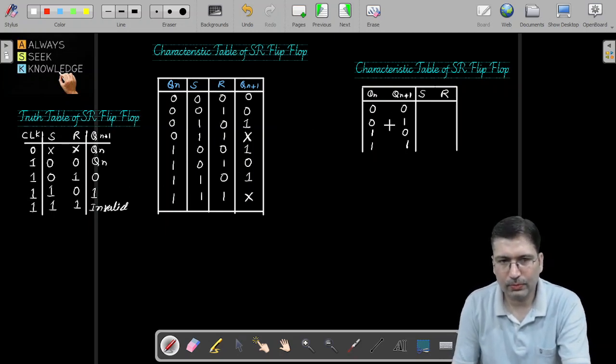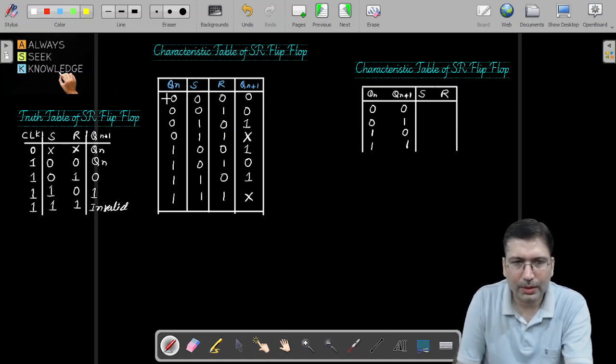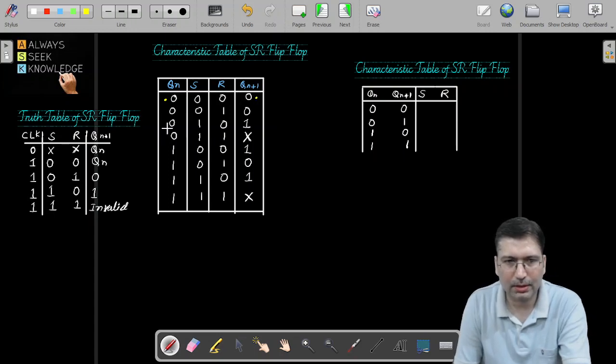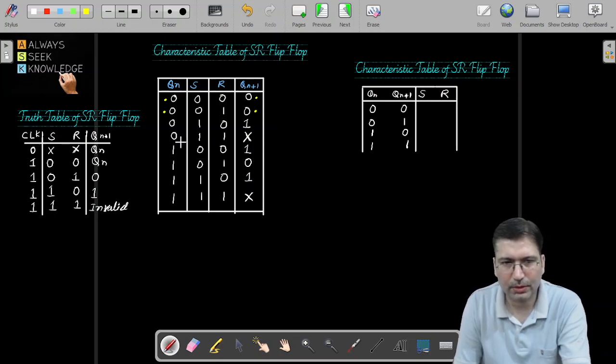Now we can easily get the value of SR. When we are having 0 0, Qn is 0 and Qn plus 1 is also 0. Is there any other combination? Yes. Qn is 0 here and Qn plus 1 is also 0 here.